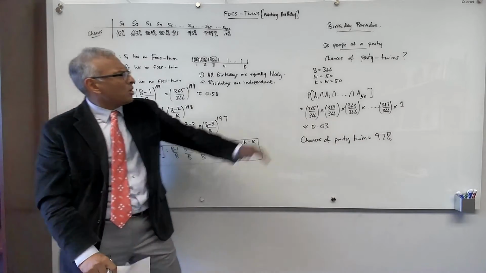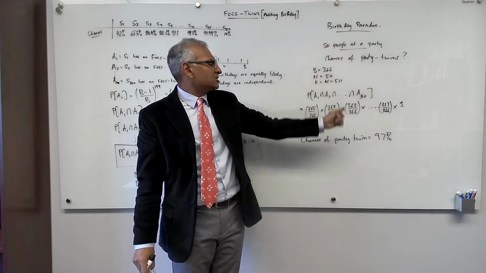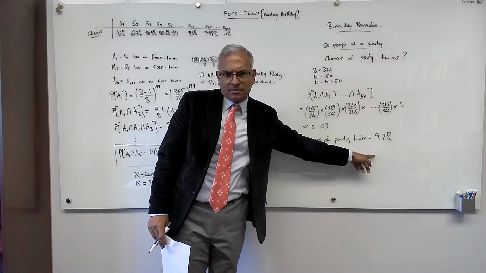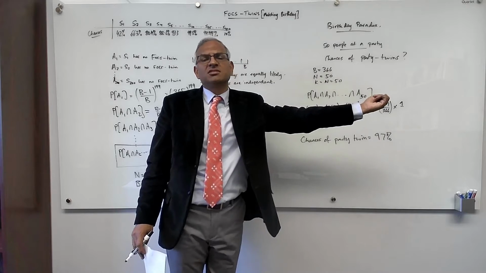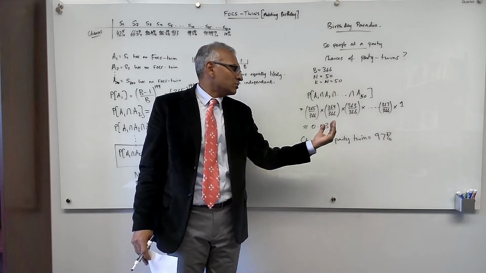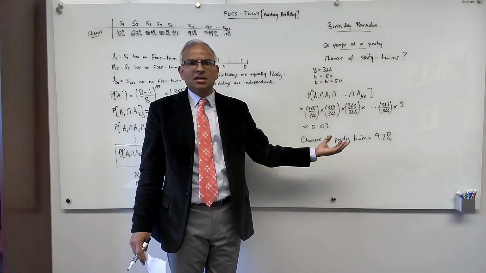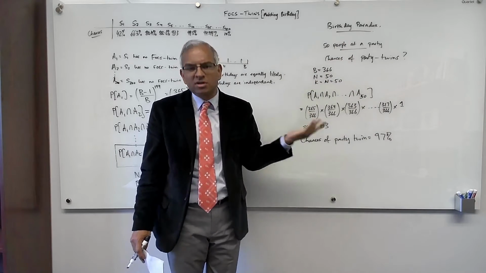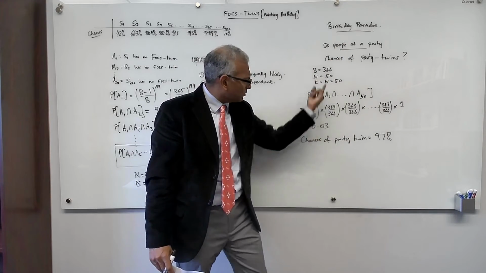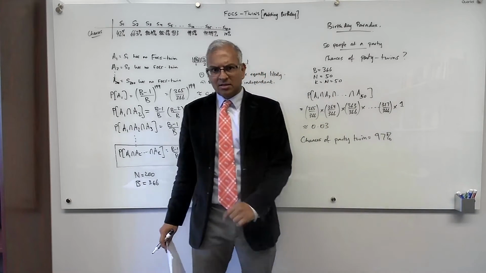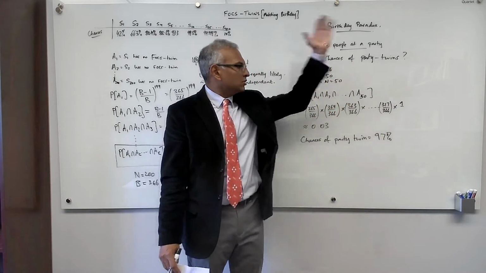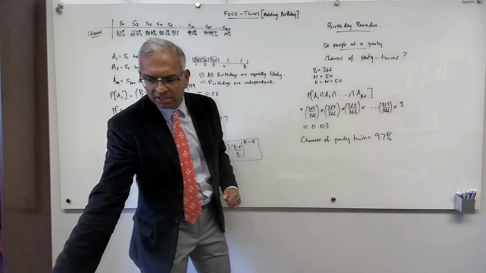In such a small party of 50, the chances are so high that two people will have the same birthday, even though there are 366 birthdays. And that is so surprising a coincidence that it has been called a paradox. But it's not really a paradox because, when you compute the probability using independence, you get that it is almost for sure that you will find a pair of party twins.